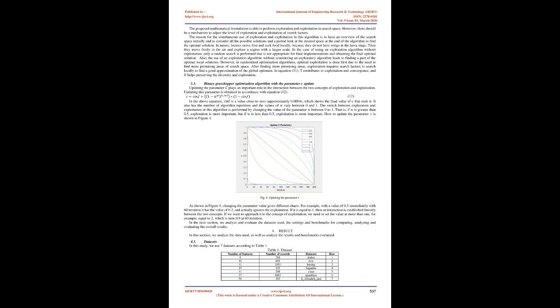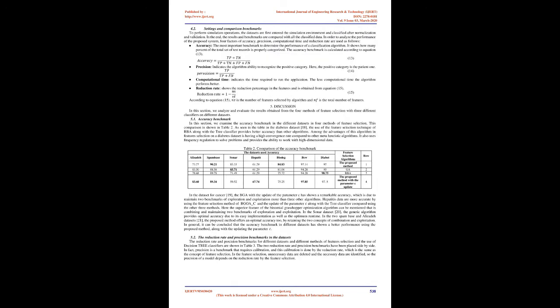In nature, locusts move first and seek food locally, because they do not have wings at the larva stage. Then they move freely in the air and explore a region with a larger scale. In the case of using an exploration algorithm without exploitation, only a random search is performed that is not appropriate for final implementations and obtaining the final optimal solution. Also, the use of an exploitation algorithm without considering an exploratory algorithm leads to finding a part of the optimal local solutions.